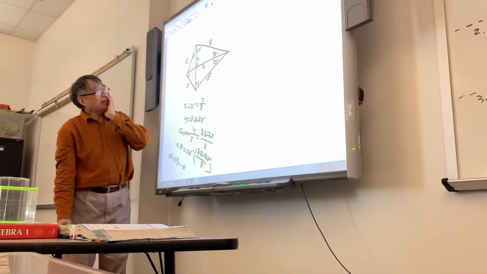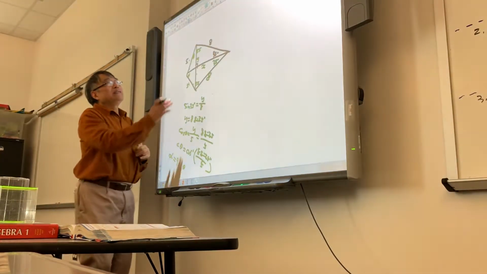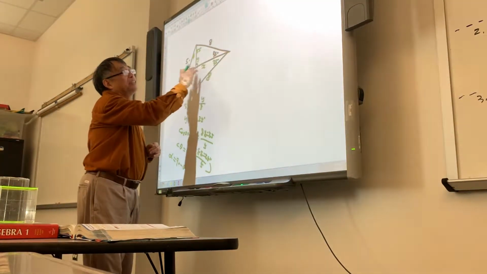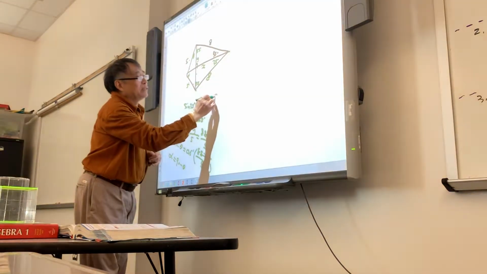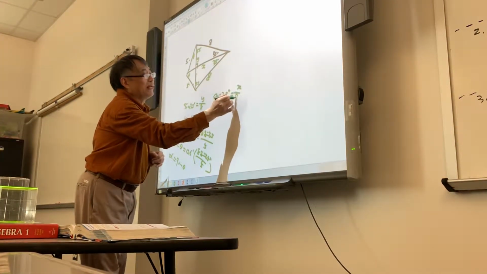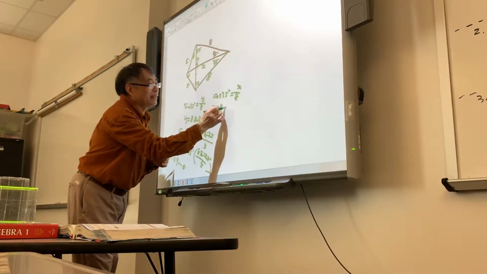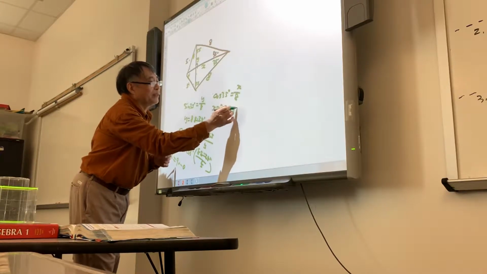Now we have found, have you found x or no? You have not found x? Okay, x. X is adjacent over hypotenuse. So cosine 35 degrees equals x over 8. So x equals 8 times cosine 35 degrees.